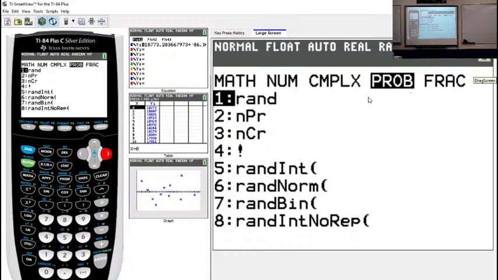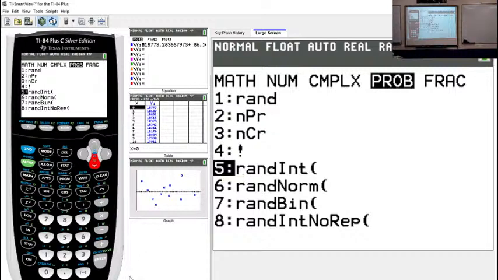So you're going to go over to probability, and what you're going to see is random int. So this will give me a random integer. So the nice part about random int is that you won't have to worry about having to skip numbers that aren't in the range, because you can determine the range.